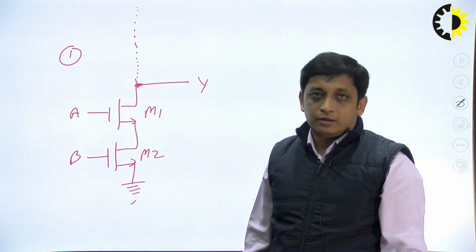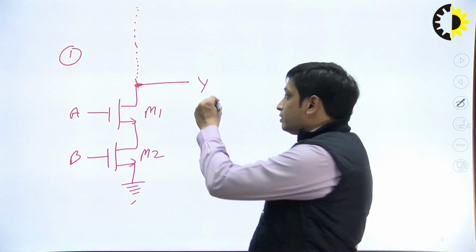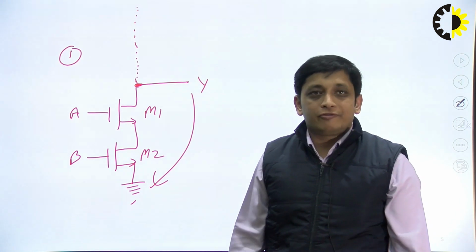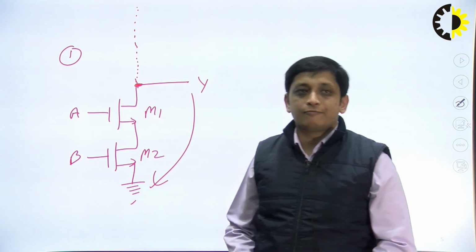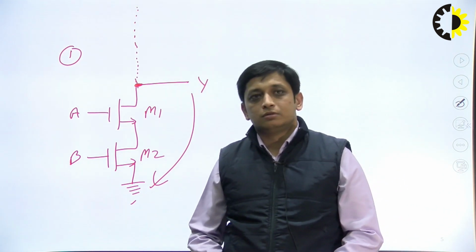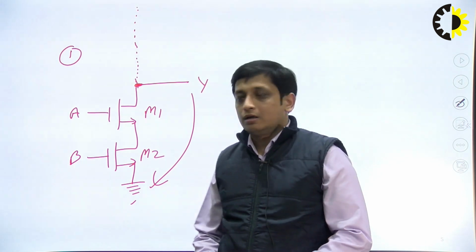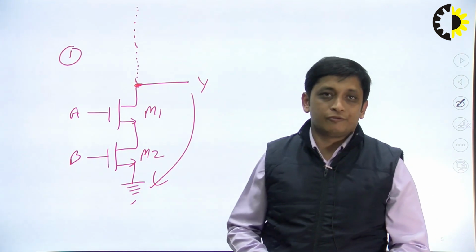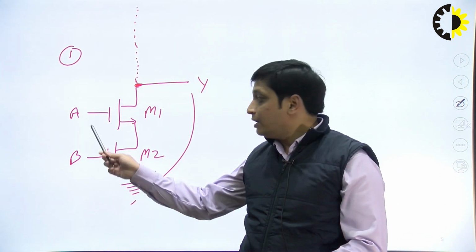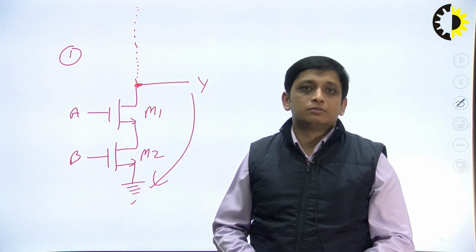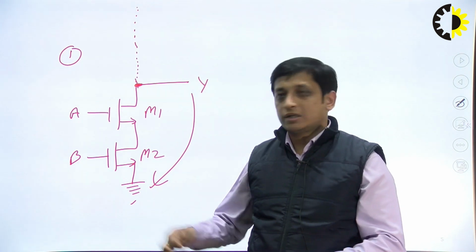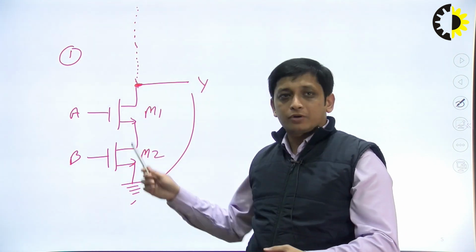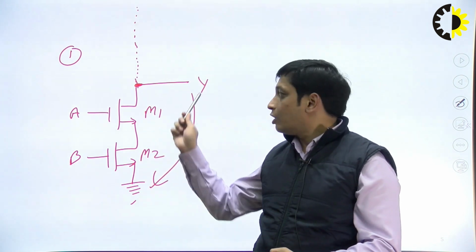Now what will be Y? The output node Y will go down only when both the transistors M1 and M2 are on, and M1 and M2 will be on when A and B both are logic 1, because these are NMOS, and only then will the output go down.